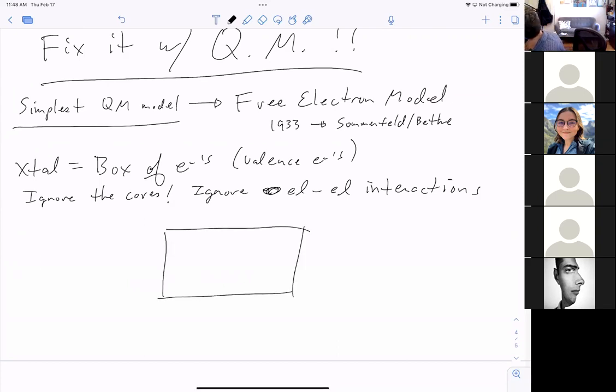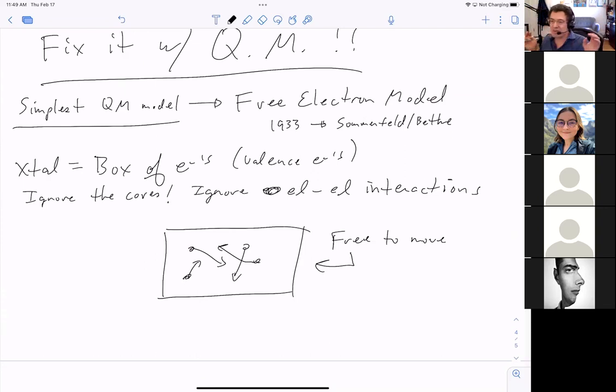So there it is. So that's a crystal, and the electrons are just free to move in the crystal, the valence electrons, and there's no interactions. There's nothing stopping them. They're just free to move. And so you'd say, well, that's a gas, right? Free to move. So it's like a gas, and there's no cores. You just ignore them. Just pretend they're not there.